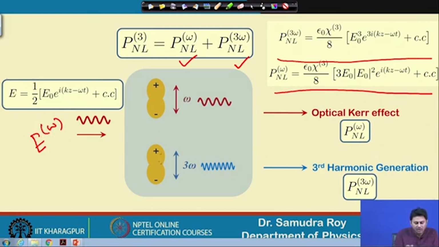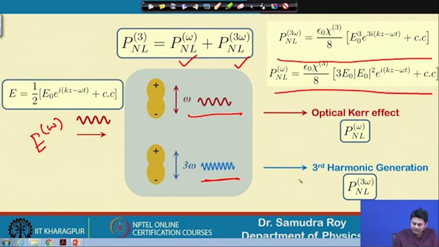So, dipoles are now vibrating at two different frequencies, because two polarizations are involved. The polarization having frequency omega will lead to a vibration of the dipole, and this dipole is going to vibrate at the frequency omega, which is the fundamental frequency, and the dipole can also vibrate because of the nonlinear polarization term containing the 3 omega frequency, and it will give rise to a field of 3 omega frequency.